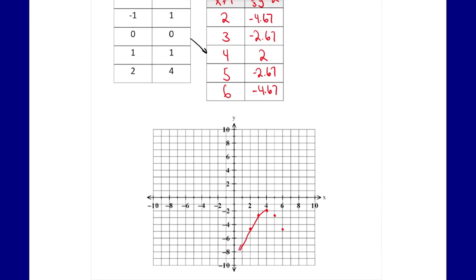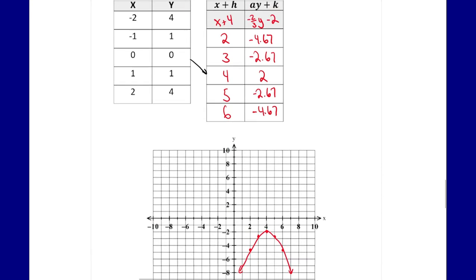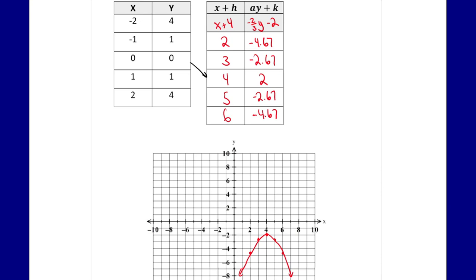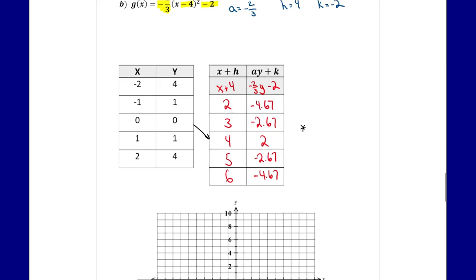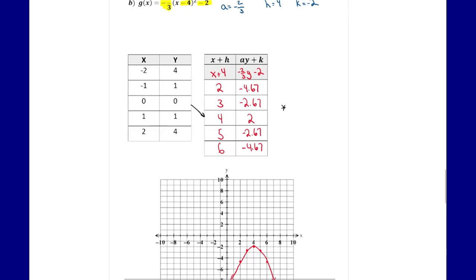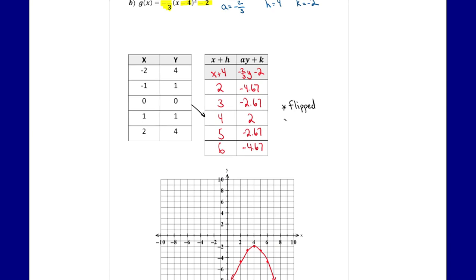I can sketch the transformed function, and if I want, I can just roughly state what the transformations are. It is flipped because of the negative, which we do see.